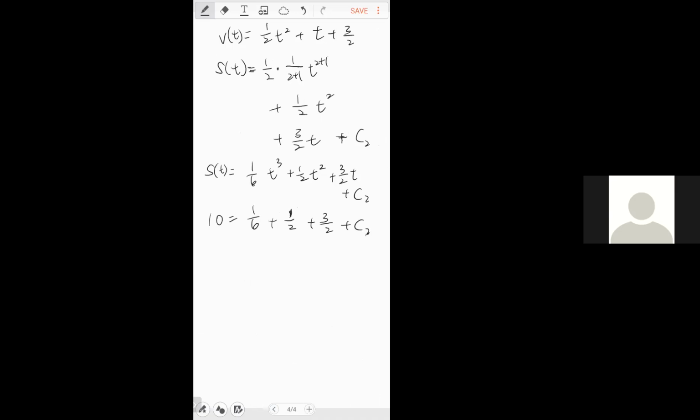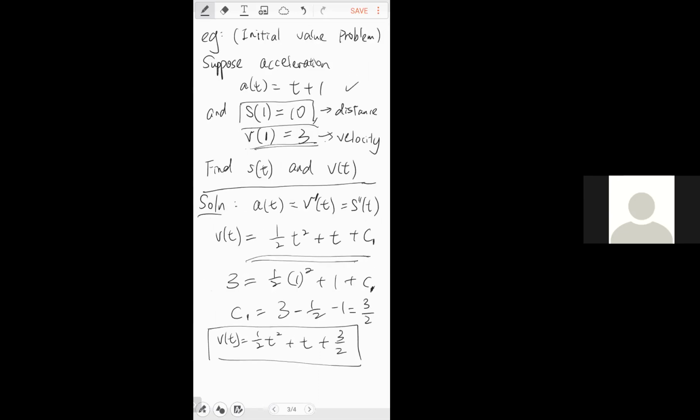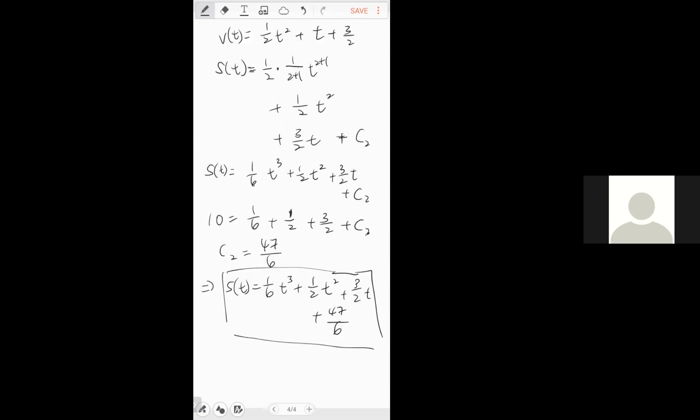I'll let you do the algebra, but C2 should be 47 divided by 6. And so s of t is 1 over 6 t cubed plus 1/2 t squared plus 3/2 t plus 47 divided by 6. So this is your distance function, and this is your velocity function. Any questions?